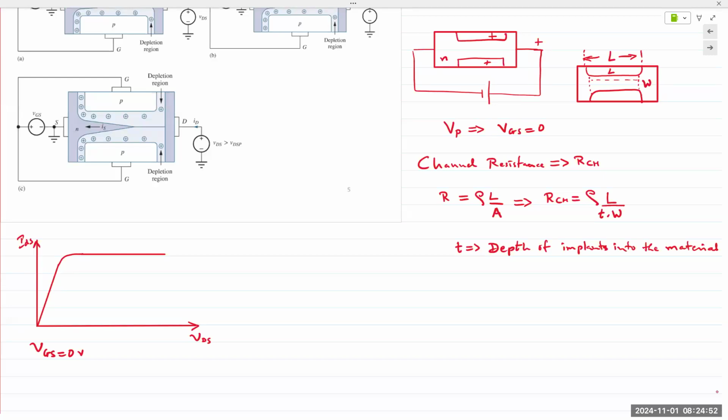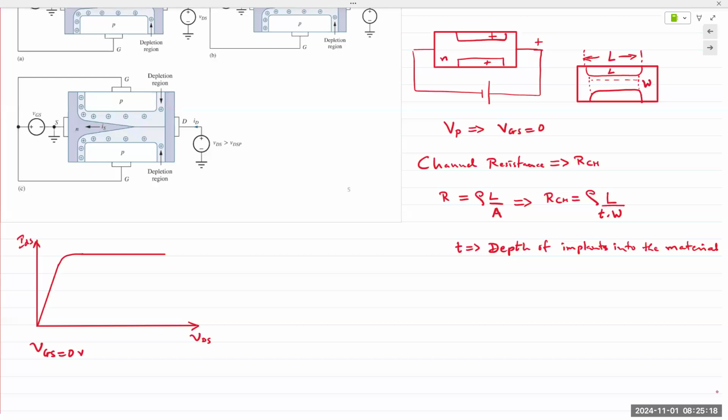And so there is a linear region where the current increases with the increasing voltage, but at one point the channel pinches off, and again, pinches off would be in quotes because there's still a gap that allows it to flow through, and the current is now at a constant level. We have reached the upper limit of the current.